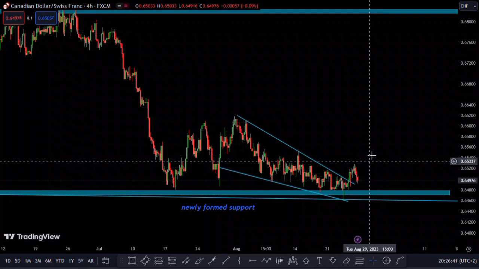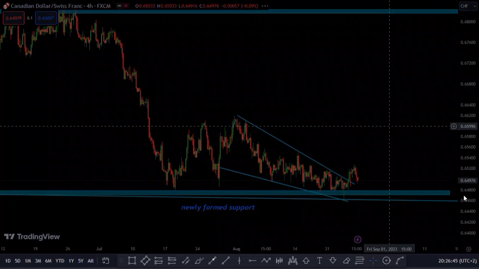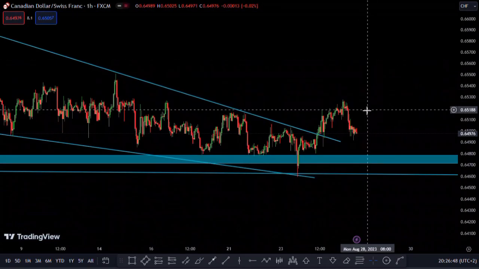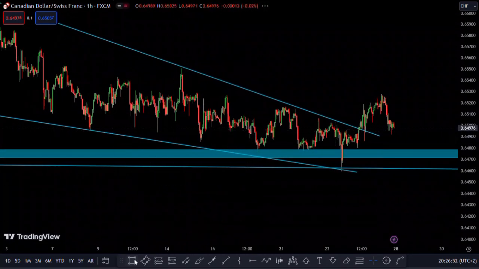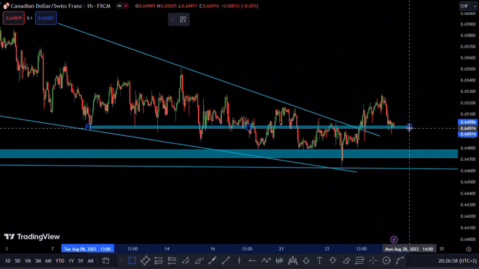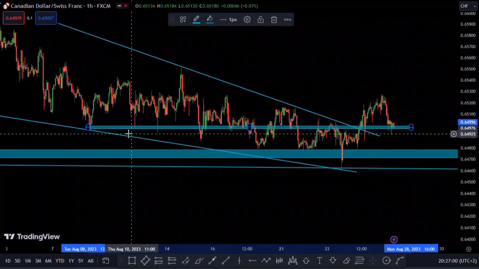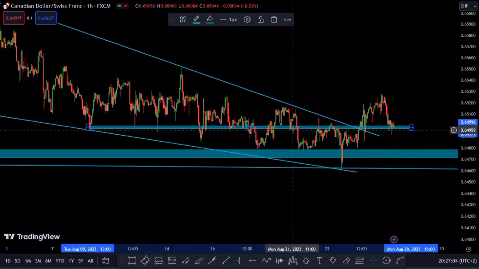Okay, so let's see if we can find a certain zone which we can use to our advantage for buying opportunities. Okay, here is a certain zone that we can use. As you can see, it has been respected many times.